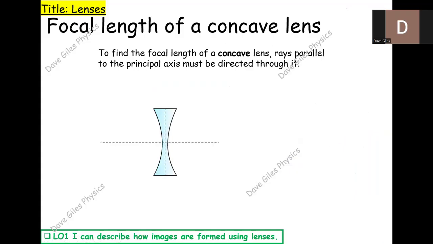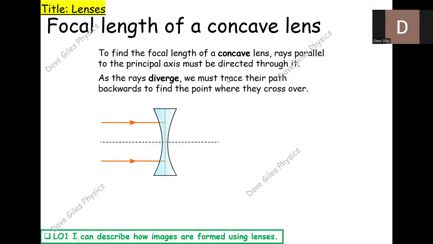Now, if we were to use a concave lens instead, then these questions apparently appear less frequently on exams. However, it's worth covering just in case. To find the focal length for a concave lens, rays parallel to the principal axis must be directed through it.